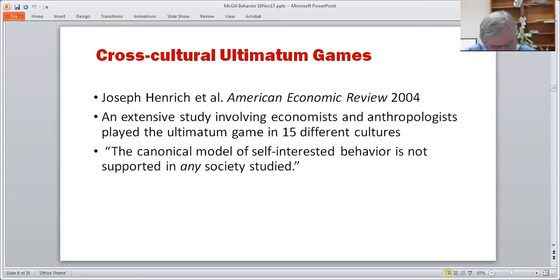Another study was done of the Au in Papua New Guinea, and this culture is what's called a big man culture in anthropology. In that culture, men are judged according to the number of pigs they have, and they're expected to share.